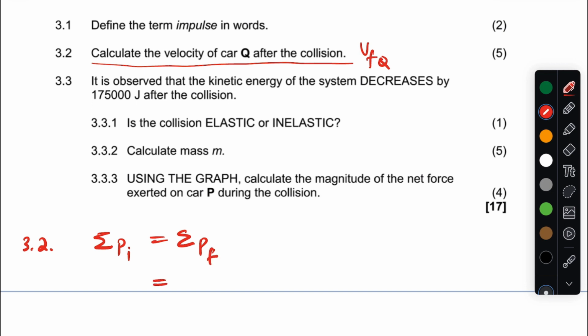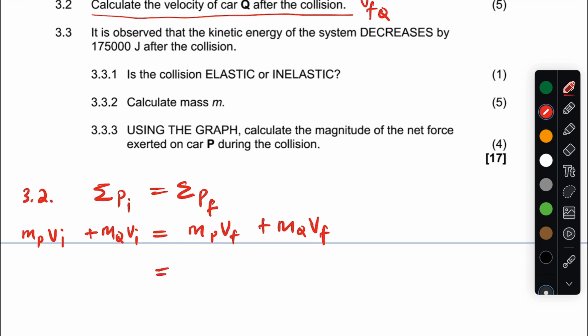This is going to be the momentum of car P, the mass of car P times the initial velocity of car P, and then the mass of car Q multiplied by the initial velocity of car Q. And then after collision, they rebound, they move away from each other, so they're going to have separate momentum. So it's the mass of car P times the final velocity of car P, and the mass of car Q multiplied by the final velocity. This is what we want.